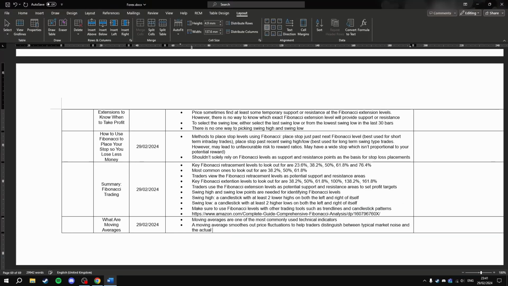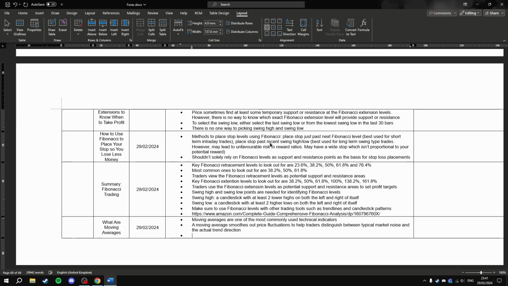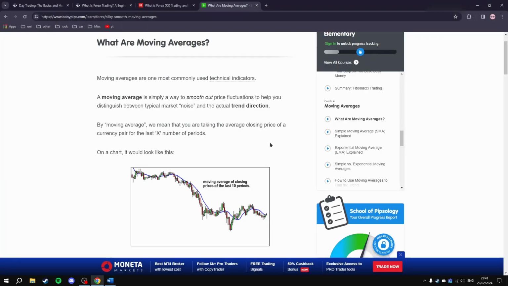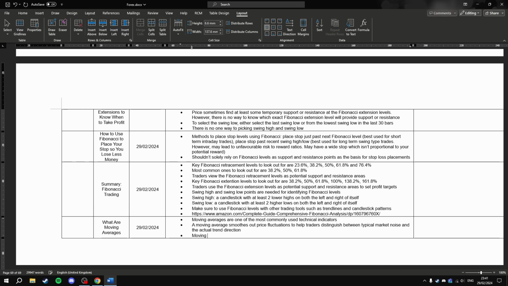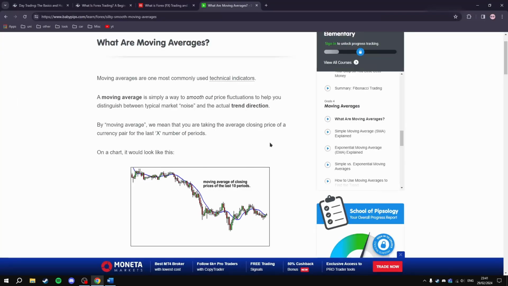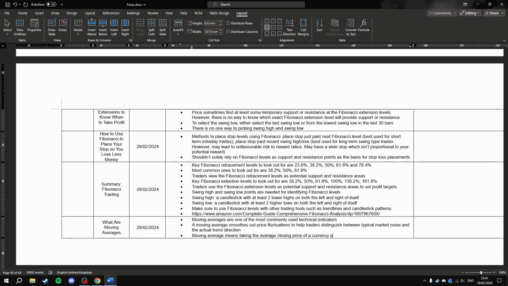By moving average, we mean that you are taking the average closing price of a currency pair for the last X number of periods.